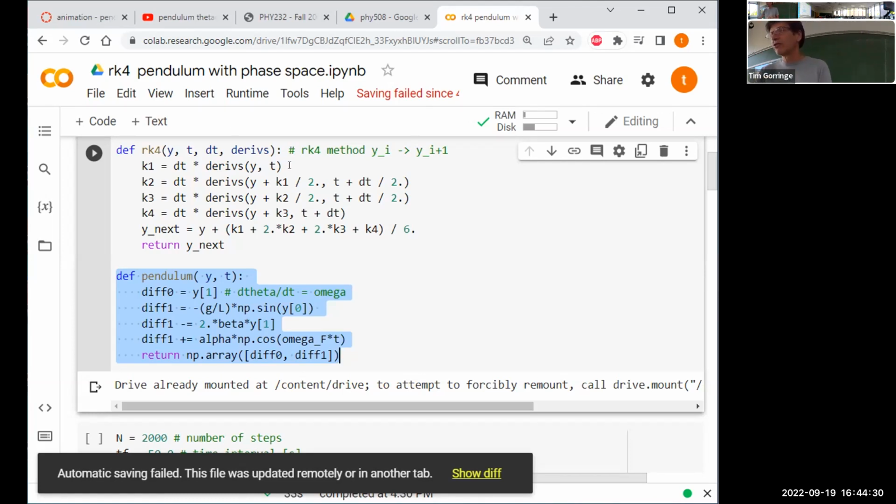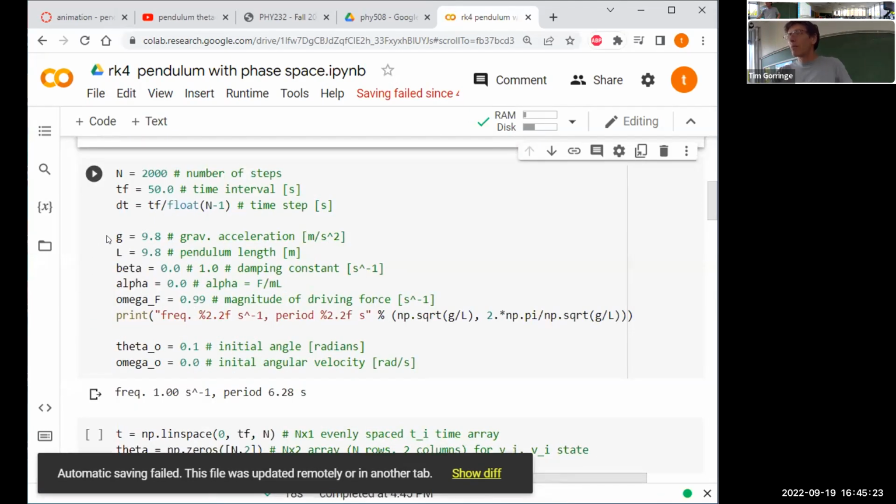So here's the rate of change upstairs of the angle, and these three guys represent the terms in that second order differential equation, which we can think of as the rate of change of the angular velocity. In here you see the term that arises from the restoring force, the term that arises from the damping force, and the term that arises from the driving force.